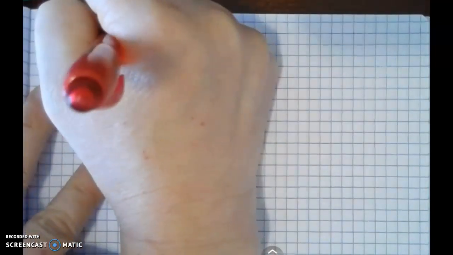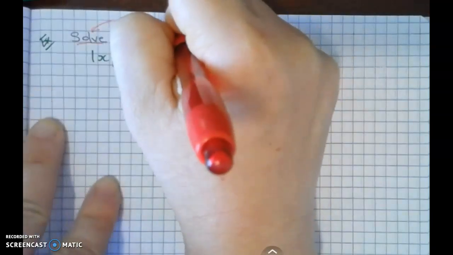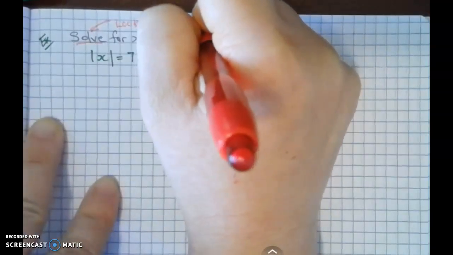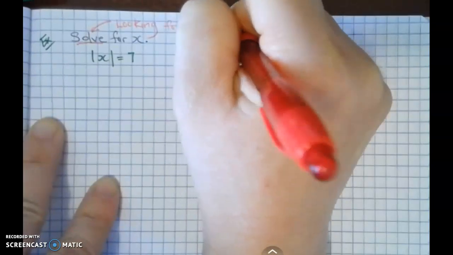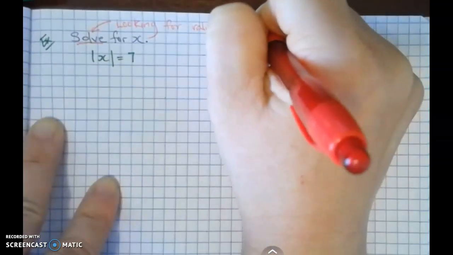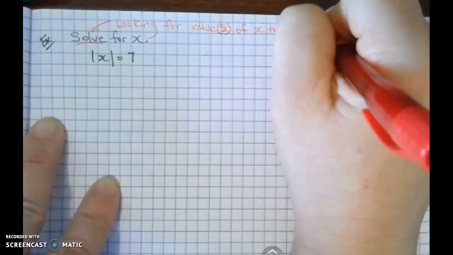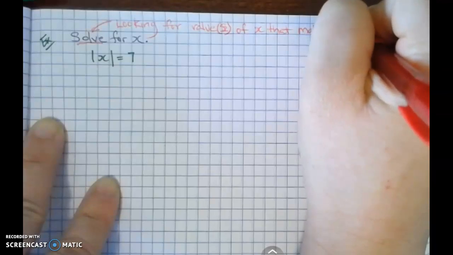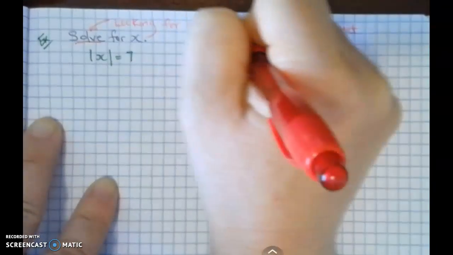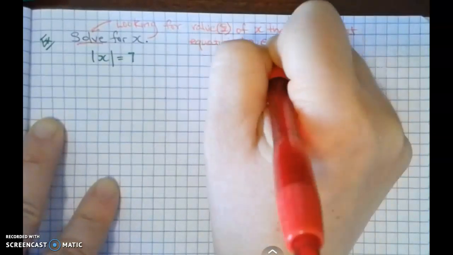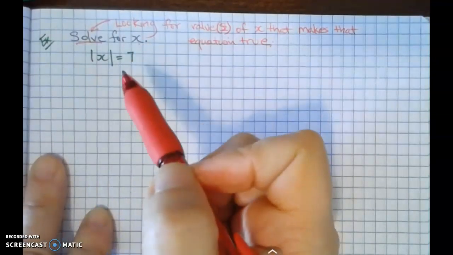So we are looking for values, it can be more than one, of x that make that equation true. That's what solve means. So we're looking for the value of x.